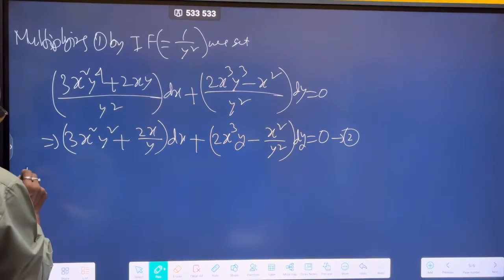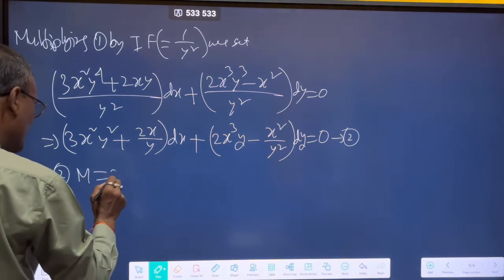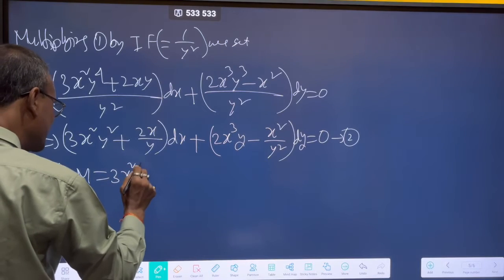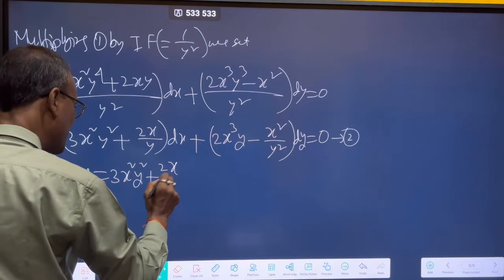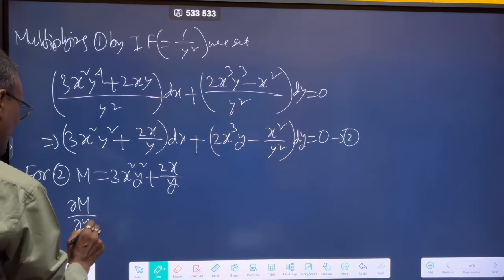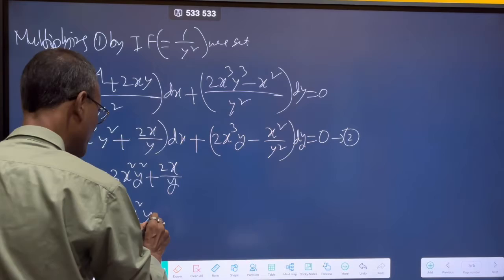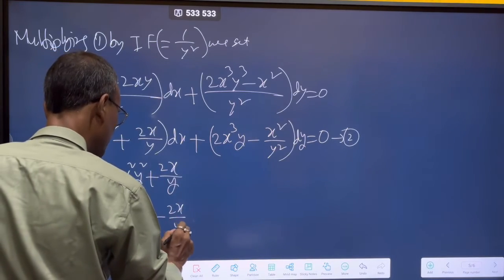For 2, M equal to thrice x square y square plus twice x by y, del M by del y equal to 6 x square y minus twice x by y square.